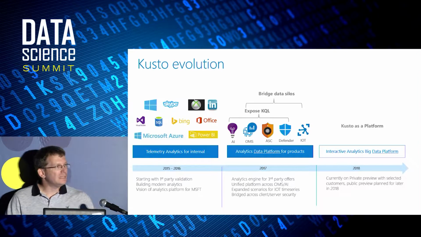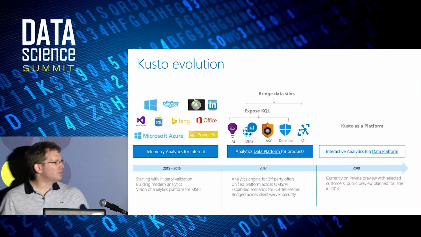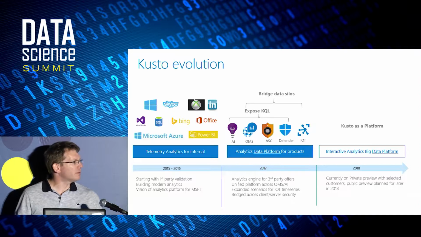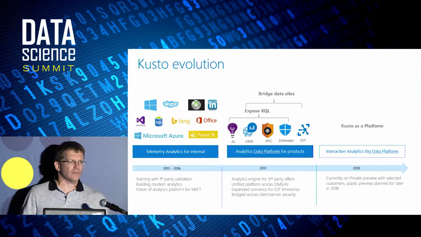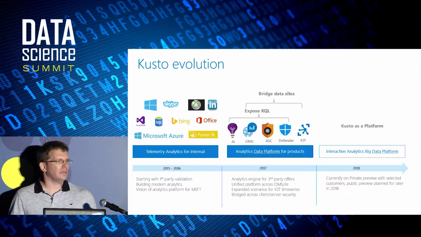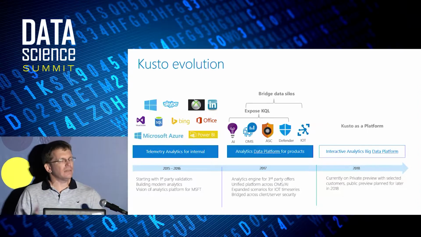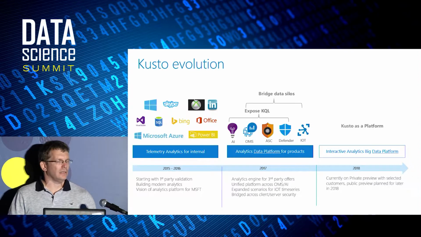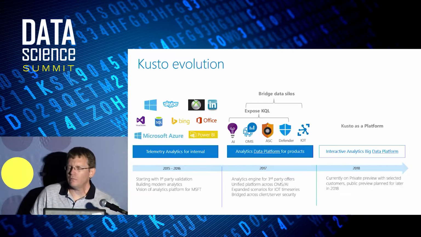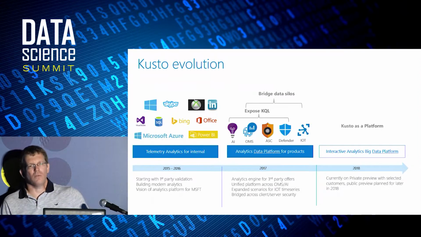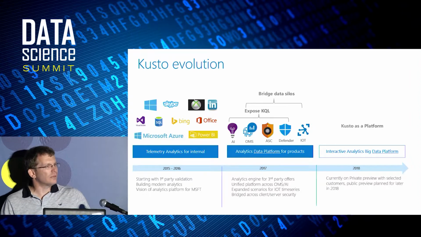So we see teams like Office that adopted Kusto all up, where all Office clients and servers are sending information to Kusto. We see the SQL Server team storing their logs in Kusto. The Xbox team moved most of its data science work to run on top of Kusto, and the list goes on and on.